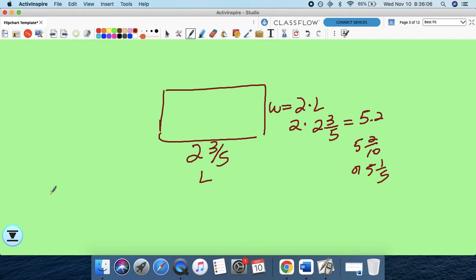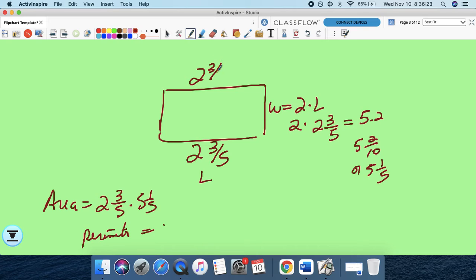Okay, so the area, we have for you guys to figure out: 2 3/5 times 5 1/5. And then the perimeter, right, is just all the sides that we have. This is 2 3/5. This is 5 1/5. So I've definitely used decimals here. Probably easier, right?